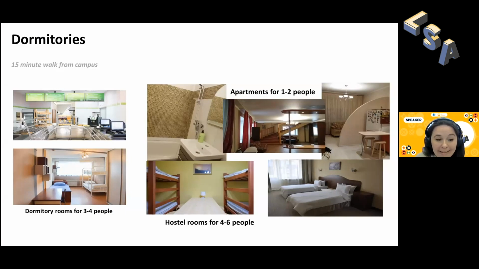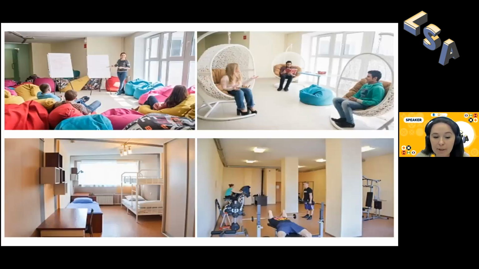Here you will find shared kitchens, laundry, a gym, studying spaces, and cafes for those students who do not want to cook themselves in the kitchens. Here I decided to give some more pictures of our spaces in the dormitory.